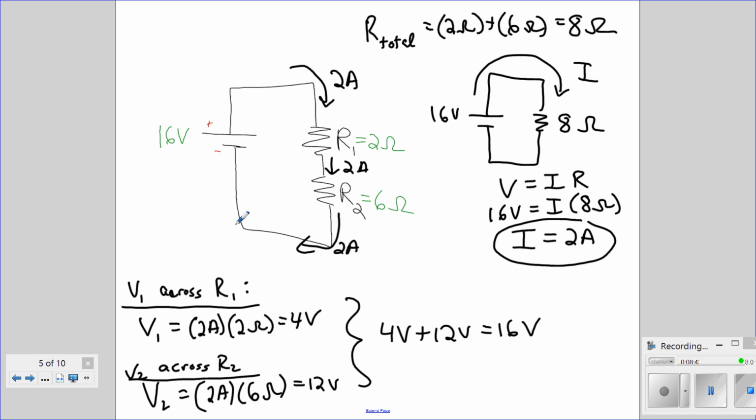Kirchhoff's loop rule is going to be an extremely powerful tool as we go to look at circuits. And this is what we mean when we say that the voltage splits across the individual elements. Some of the 16 volts is across resistor 1, some of the 16 volts is across resistor 2. And the one that has more resistance, with the same current flowing through it, has the bigger voltage.